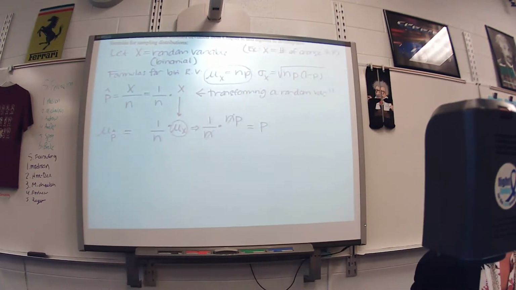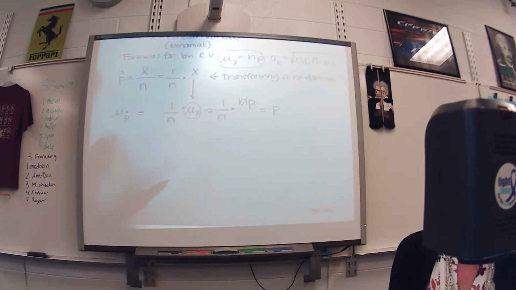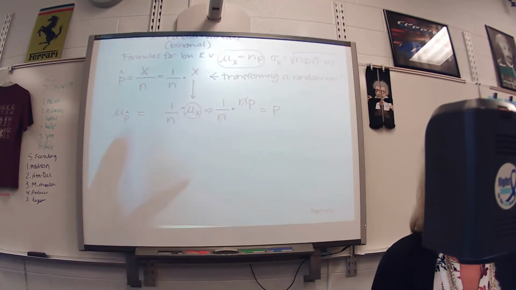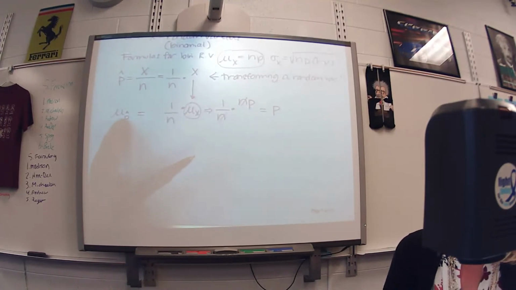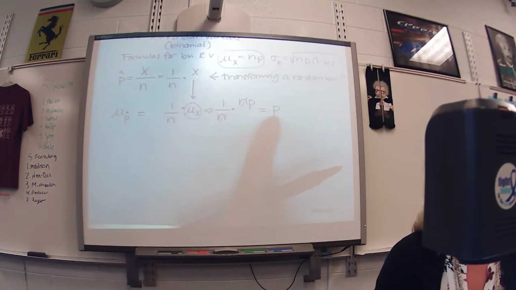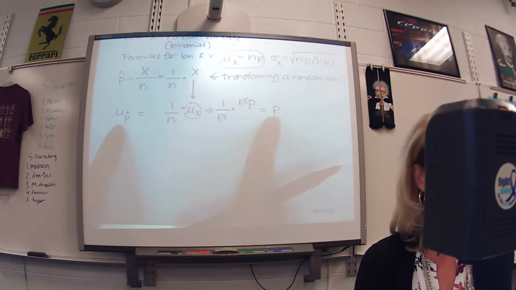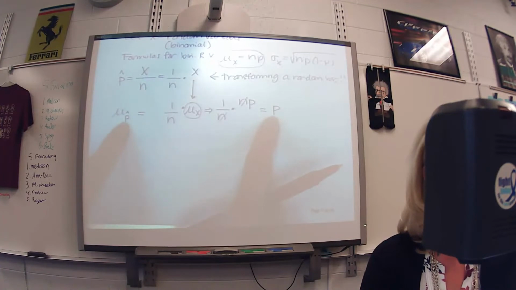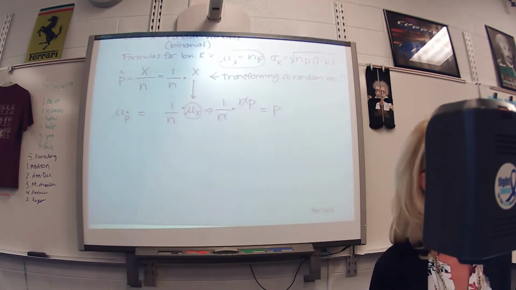What we just mathematically showed is why p hat is an unbiased estimator. Because this says if you take a whole bunch of p hats and look at the mean of all of them, it will be equal to the p for the population. This is literally just an algebraic proof of why p hat can be used to estimate p.